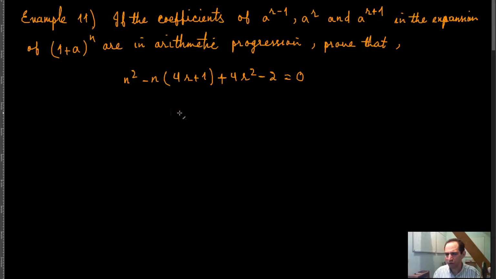Although you might actually be able to use it as well, because if you can prove that the coefficients of these three terms in this expansion are in arithmetic progression, then this relationship exists between n and r, and you might be able to use it somewhere. Who knows? But as far as we know, it's pointless, really.